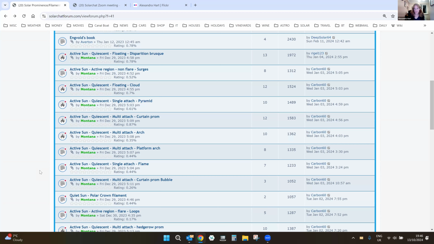Because like already today, we've discussed that there's time in the section, there's size, there's off band. So what is like the Doppler shift like?